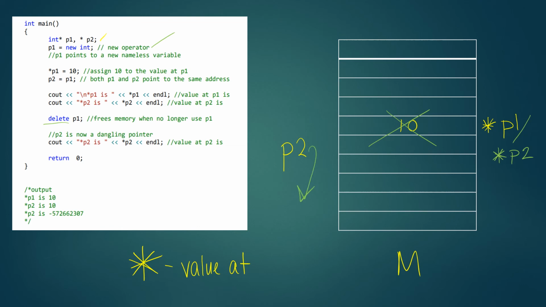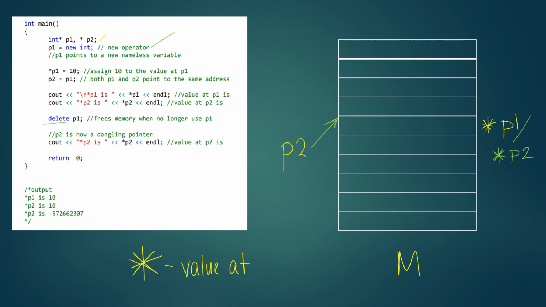So let me repeat. You have P1 pointing here, and P2 pointing here, and they're both pointing to the same location in memory. If you delete P1, that means you remove this pointer, and you're not just removing that pointer, you are freeing up this memory.